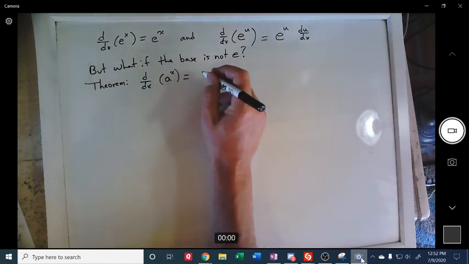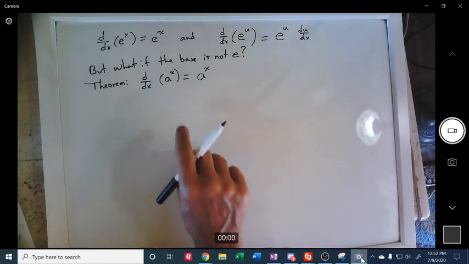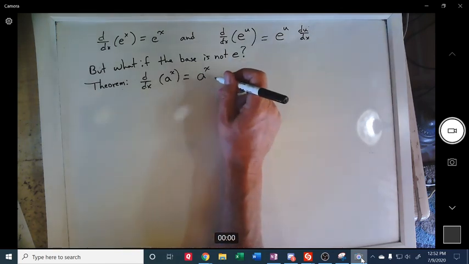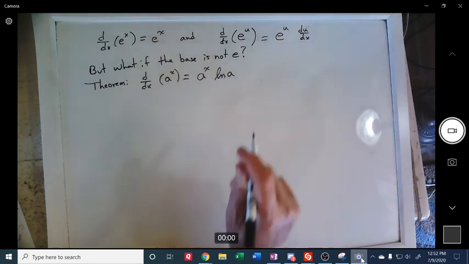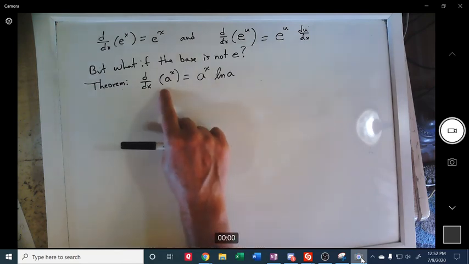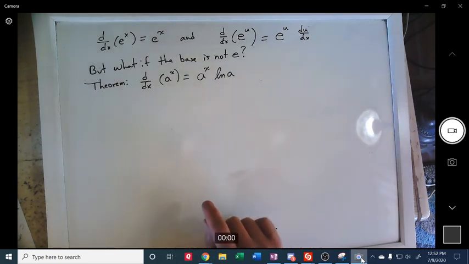It'll look very similar to this, except we're going to tag on what we'll call a penalty factor. The penalty factor will be the penalty for not having the right base. Since it didn't have a base of e, the penalty factor will be ln a that tags on at the end.